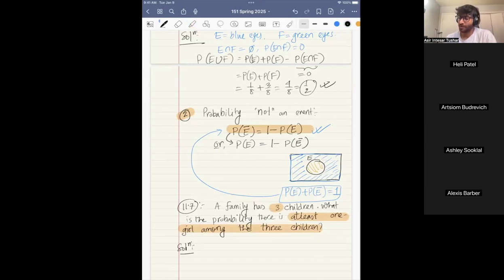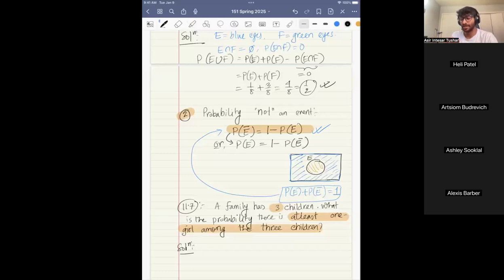First of all, if you remember the problem we did with purple flowers and white flowers, the pea plant problem, Mendel's plant problem, that is similar to this problem too. You can use the whole sample space, then find the outcomes that have at least one girl in them. That's going to be the numerator, and the denominator will be the total number of outcomes.